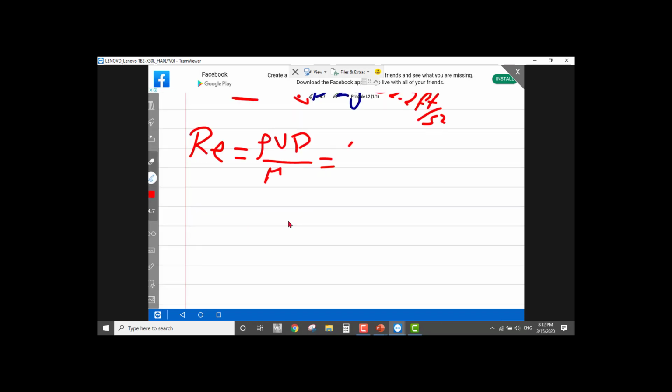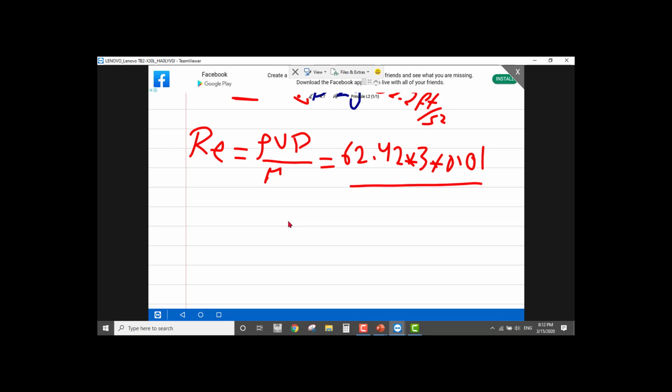So 62.42 multiplied by velocity, which is equal to 3, multiplied by diameter, which is 0.01. I'll use foot instead of inch because the density and viscosity are given in foot.